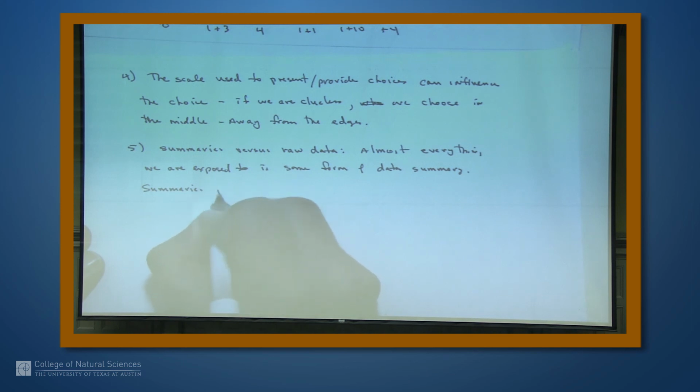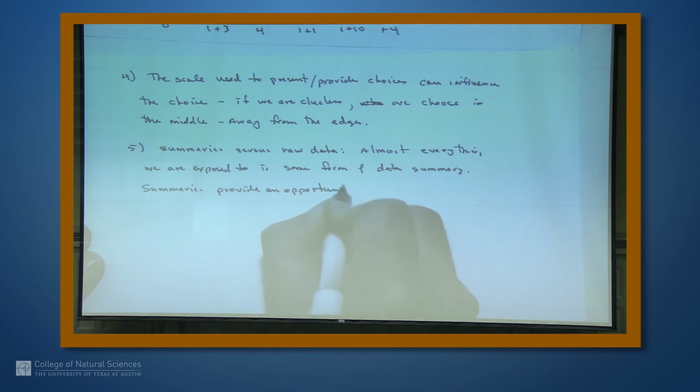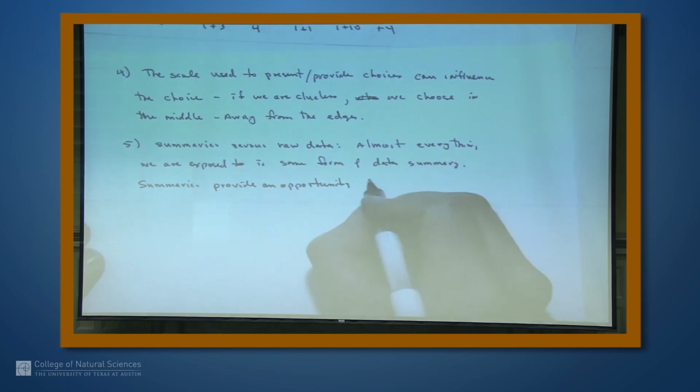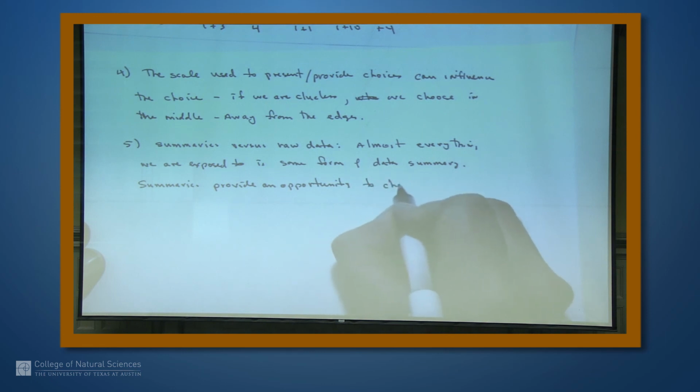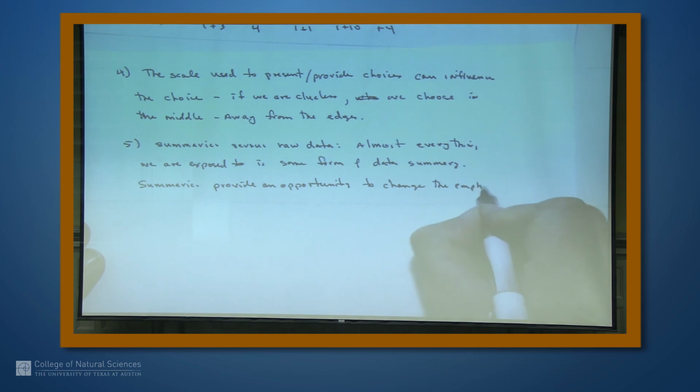Summaries provide an opportunity to change the emphasis. And this happens in medical research, right? A study will get done, and then whoever has a vested interest will commission someone to write a summary of it. The summary can be really detailed, but the emphasis can totally change.